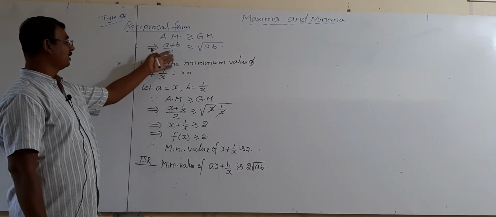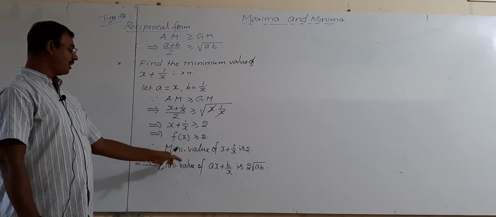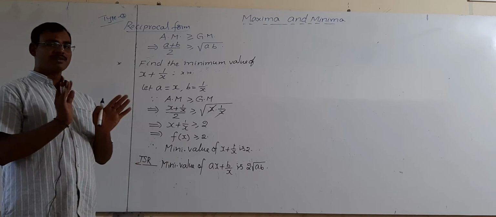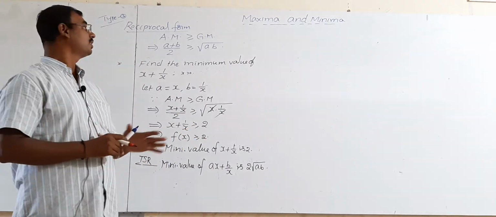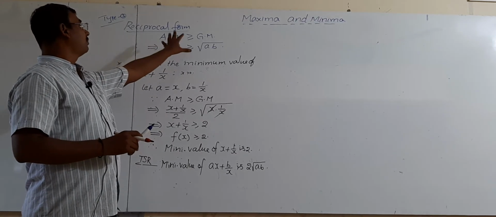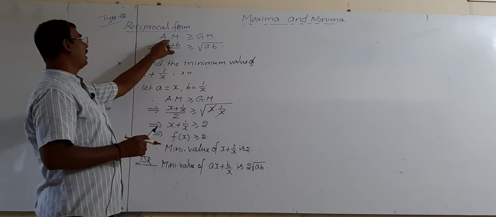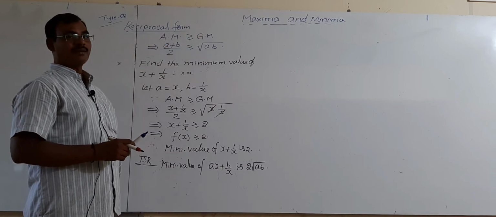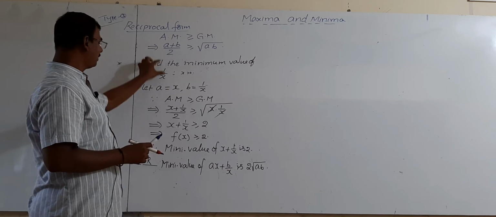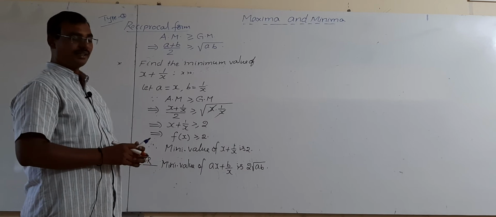Even without remembering this condition, whenever you see reciprocal terms, using the arithmetic mean, geometric mean relation, we know that AM is always more than or equal to GM. With the help of this, we can find the minimum value, and the maximum is undefined.